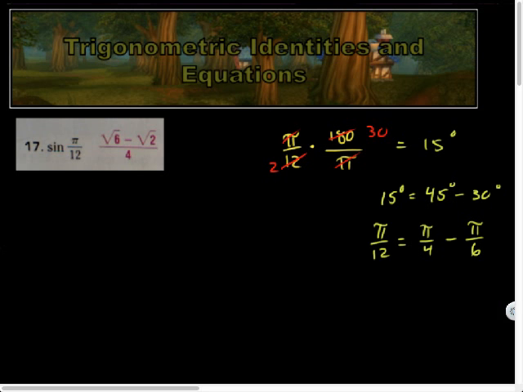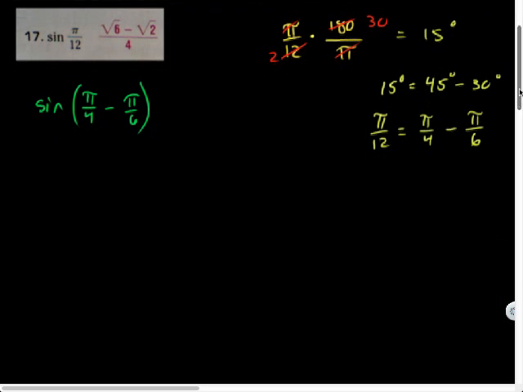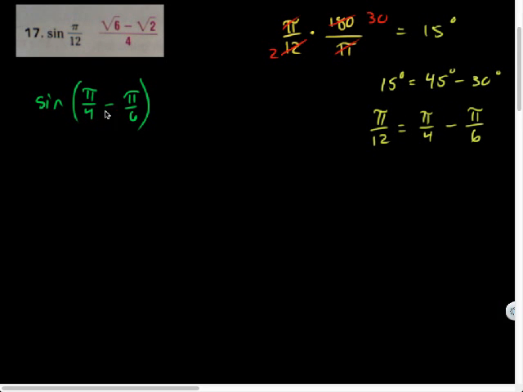So sine of pi over 12 is the same as sine of pi over 4 minus pi over 6. Sine of the difference of two angles sounds like a difference identity is what I'm going to use here. So I'm going to have sine of alpha minus beta.